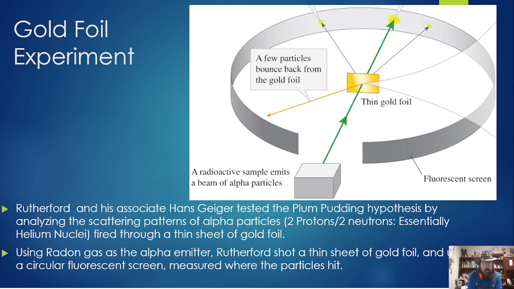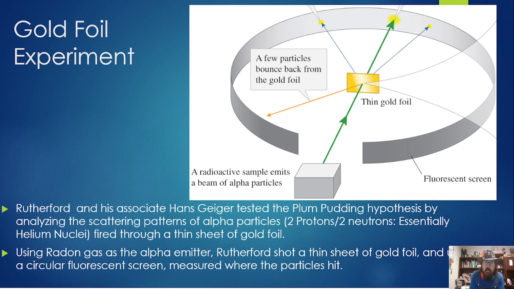So Rutherford and his associate Hans Geiger, of Geiger counter fame, want to go test the plum pudding model. He's going to analyze the scattering pattern of shooting these alpha particles at a thin sheet of gold foil, like an alpha particle sniper rifle shooting at the thin gold foil.